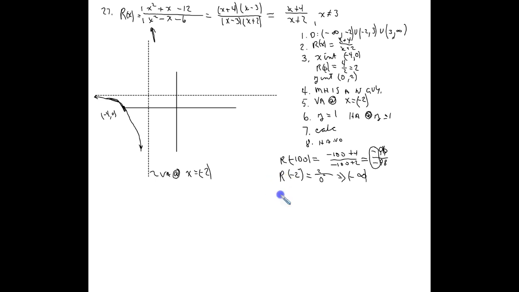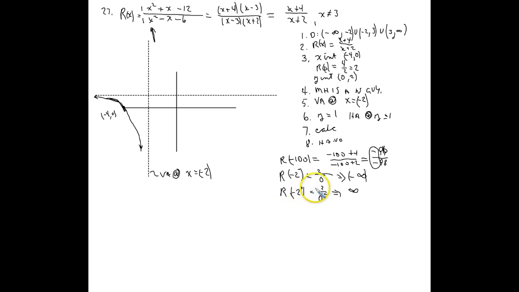But let's just analyze what r of negative 2 plus is. Remember, that's going to be 2 over 0 plus. A positive 2 over 0 plus tells me that that behavior is infinity. Okay, so far so good.